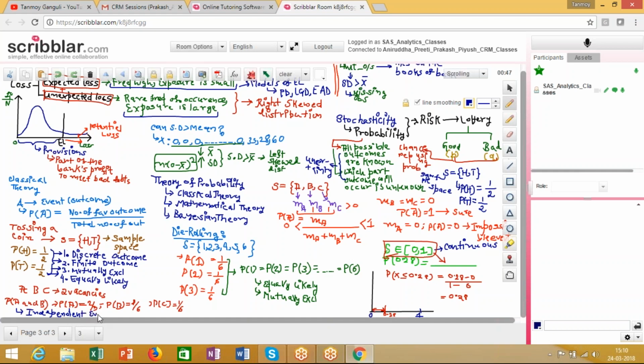To model these cases, we look into a newer branch of probability theory, which is called mathematical probability theory. Before I move into that, I'll take up a question which Anirudh has.